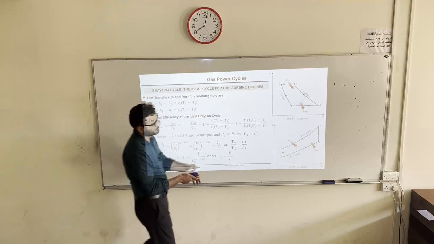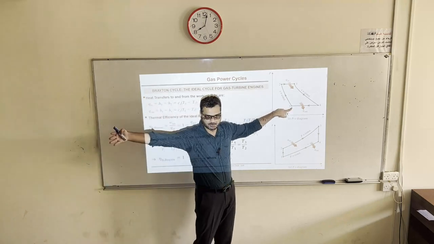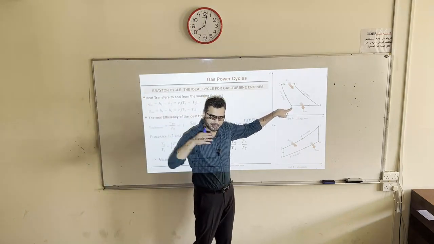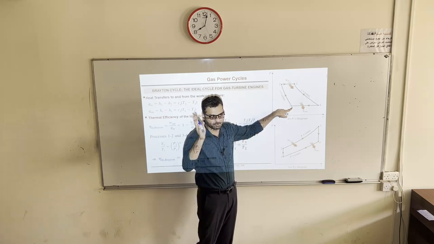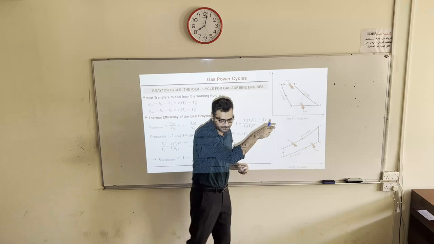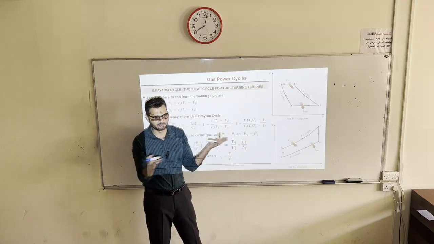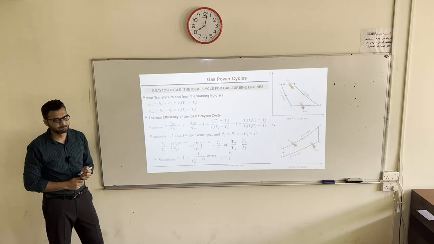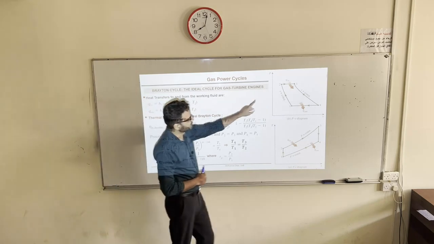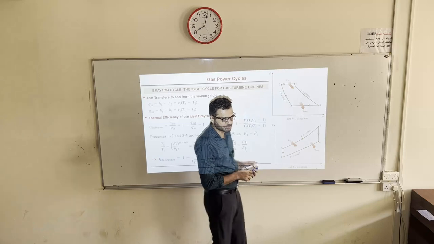Intake is just the start of compression. It comes from the ambient air and enters a compressor directly. In Otto and diesel, there was a complete intake stroke and exhaust stroke. Here I'm referring to what happens in the combustion chamber. The combustion chamber is this one, 2 to 3.